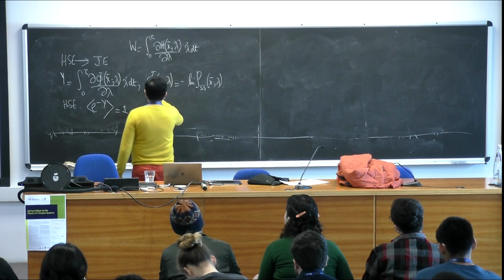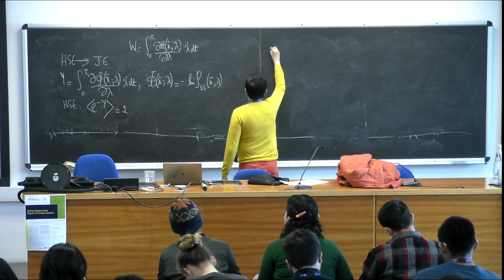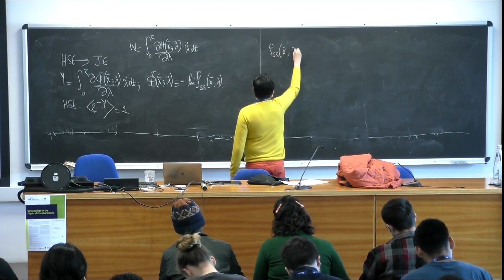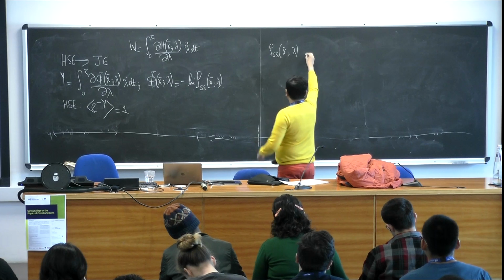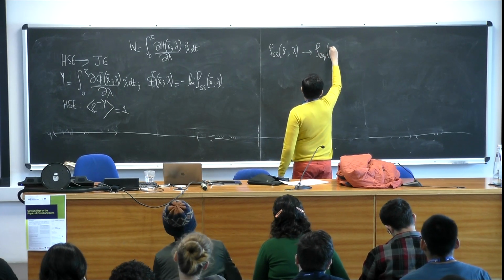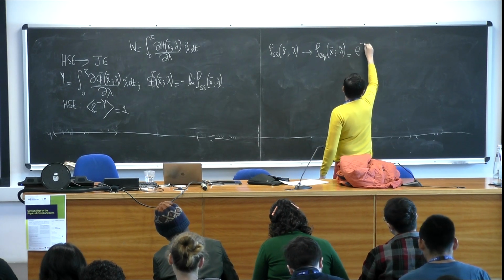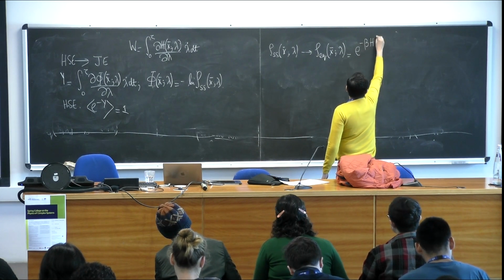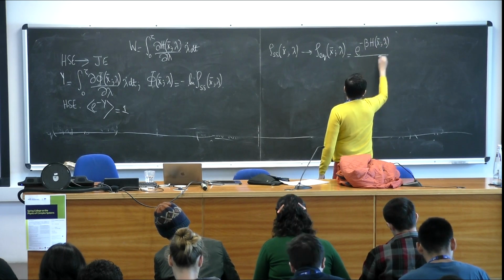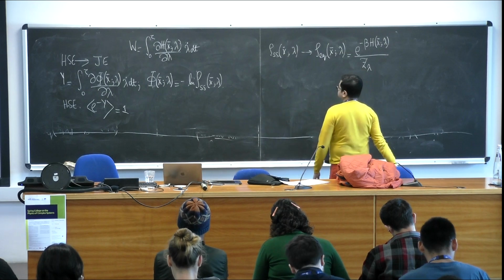Okay. So let's take the case where rho ss of x, lambda is nothing but the equilibrium distribution. This would be e to the minus beta h of x, lambda divided by z lambda.